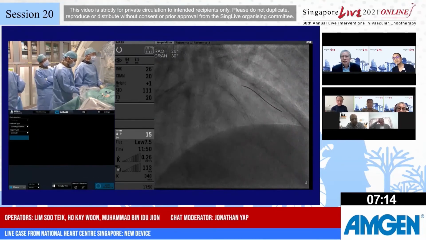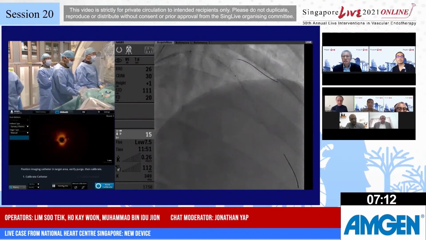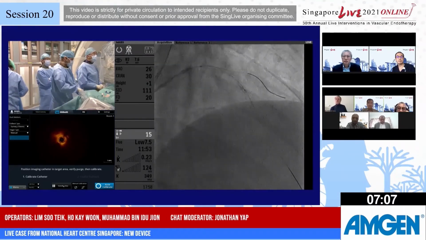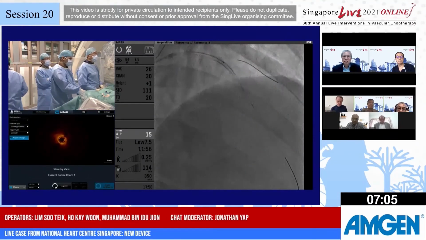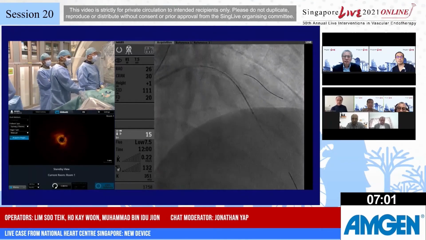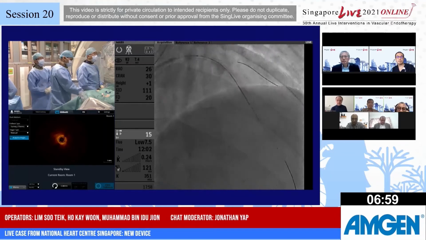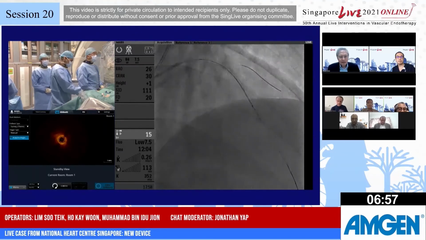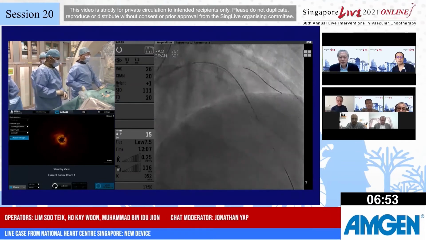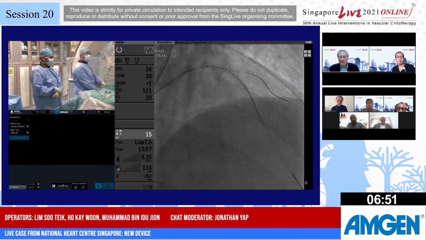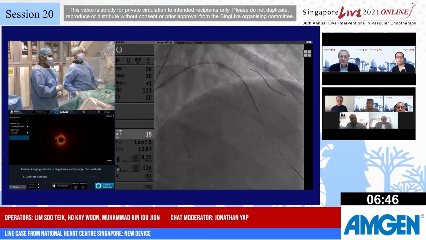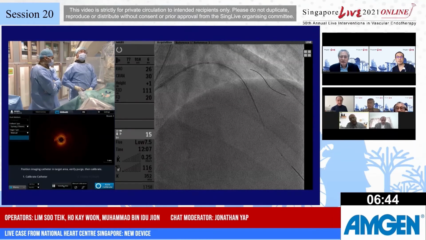And if I really want to protect the diagonal, then we will use the jailed balloon technique. However, we already put the stent crossover, so we just see by the OCT, and if the flow in the diagonal is okay, then I finish the case. Ramesh, you agree? Yeah, I agree.